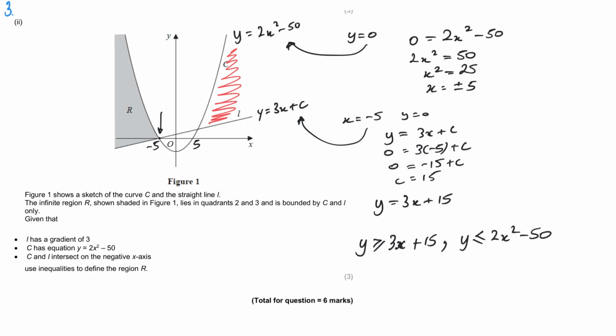So I've got to make sure that I discount this region there. I want to get rid of this red region. To do that, I just need a third inequality. So you think about this inequality straight down here, and we can add that in.